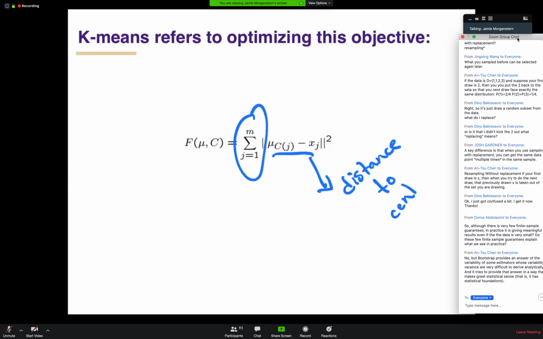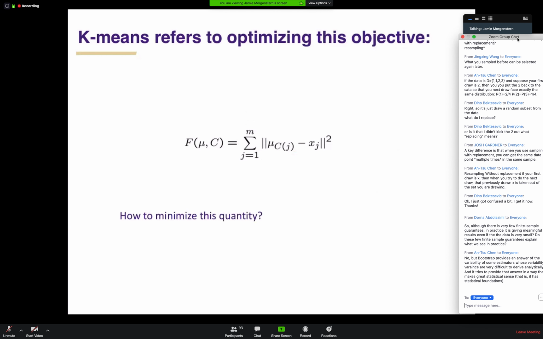You might ask how one can computationally assign points to different clusters to minimize this quantity, right? If we had the centers fixed beforehand, that's maybe not so challenging. On the other hand, these are also things we choose, right? We choose the centers.